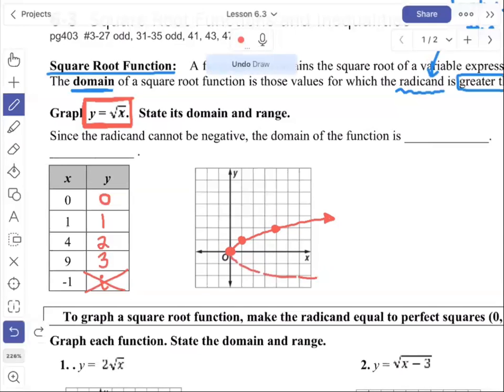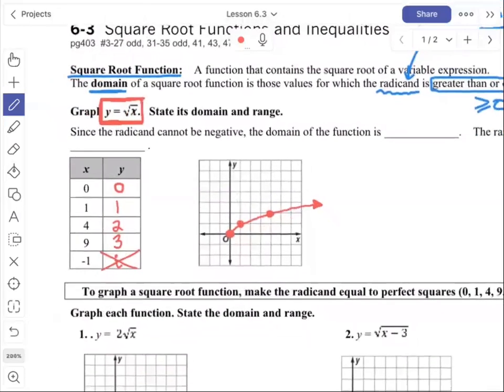Anybody else see anything? It looks kind of like a wave breaking. Whatever it looks like to you, that's what it is. All right, let's do domain and range for this.